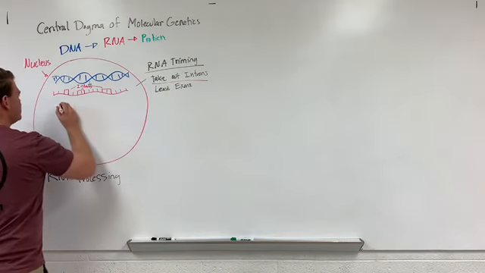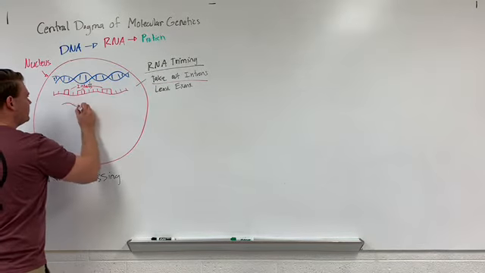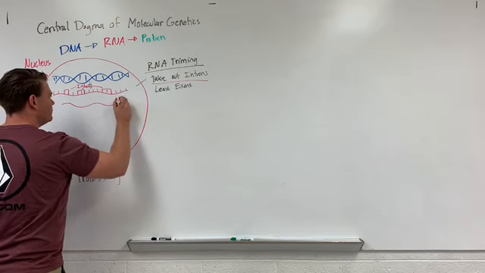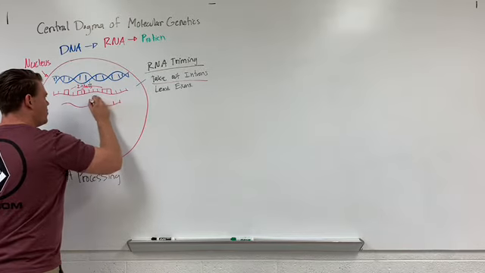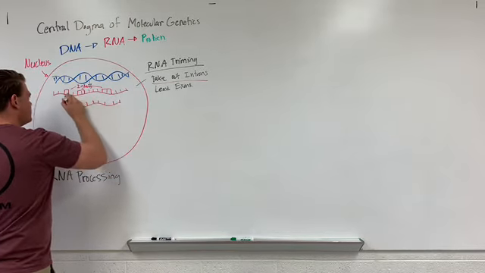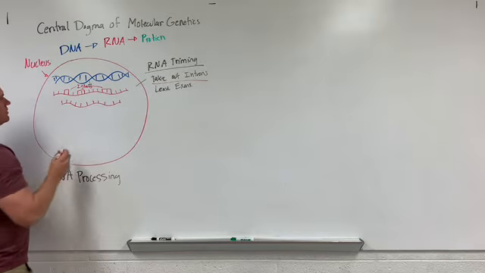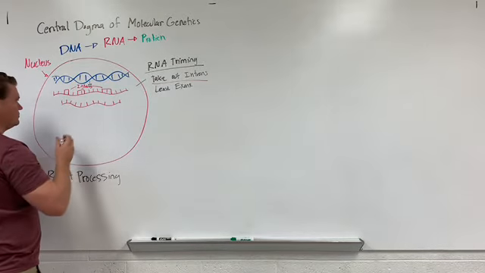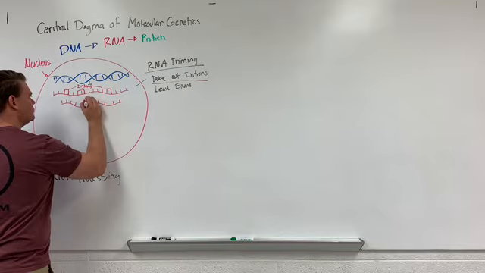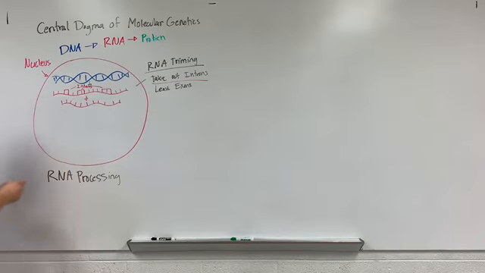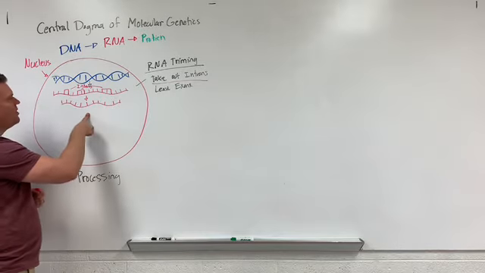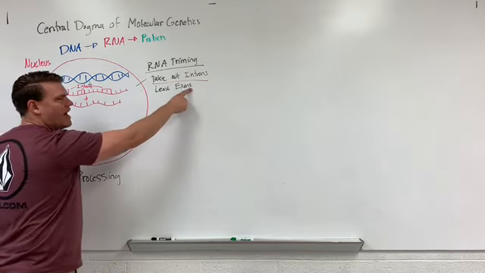And everything that's left after that, so our RNA transcript's now going to be a little bit smaller. Everything that's left after that now is going to be what we call our exons.